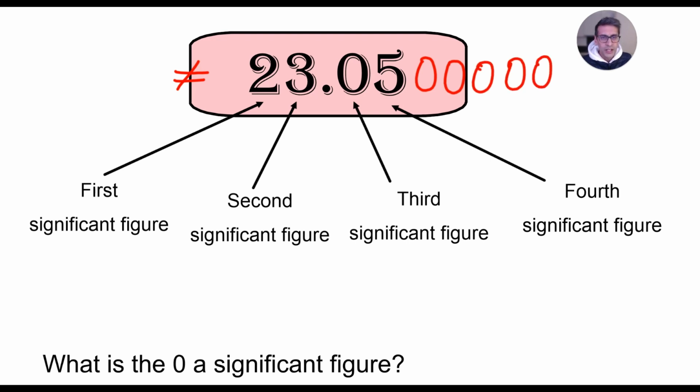Those don't actually change the value of this number. So these zeros we can ignore. These are called trailing zeros, but we're not going to really focus too much on these yet. You'll see they'll come into play later. But for now, you just need to be able to recognize what's the first significant figure. And then remember, some zeros are important placeholders. And remember to ignore leading zeros.